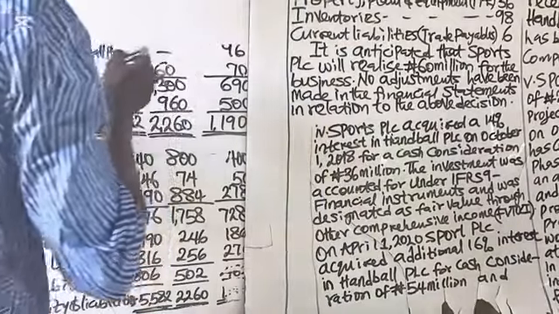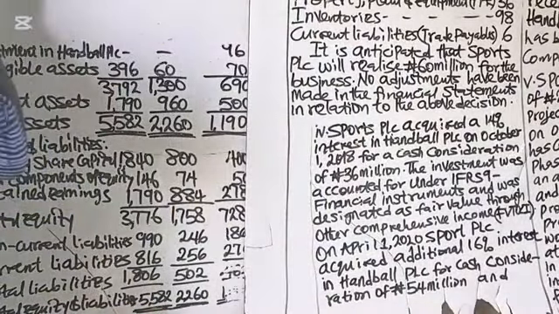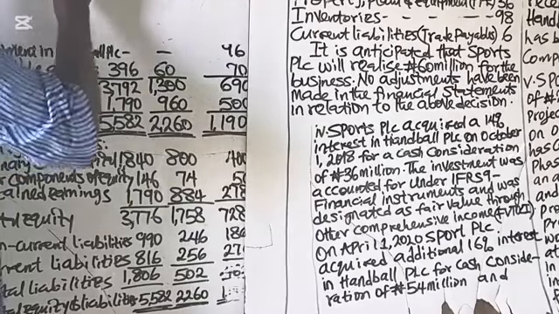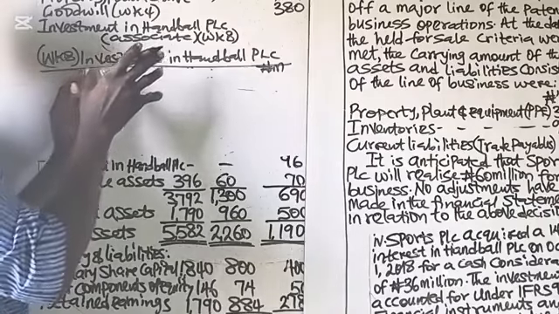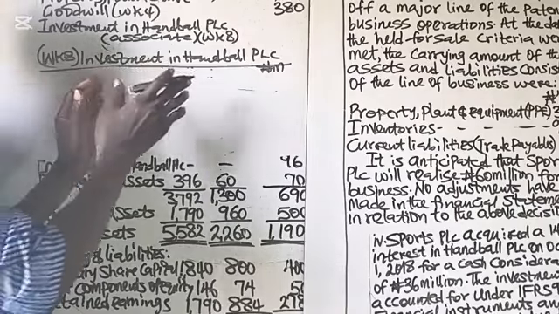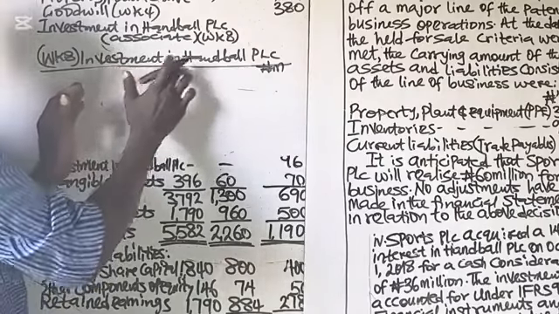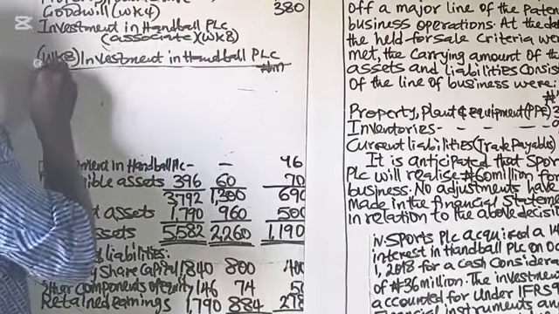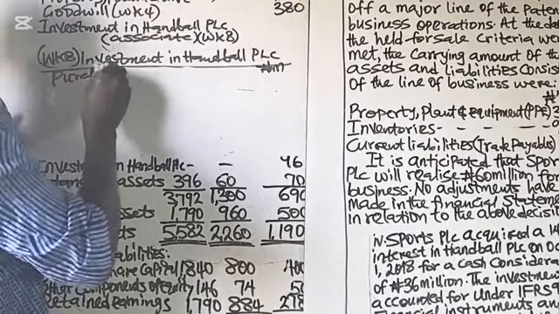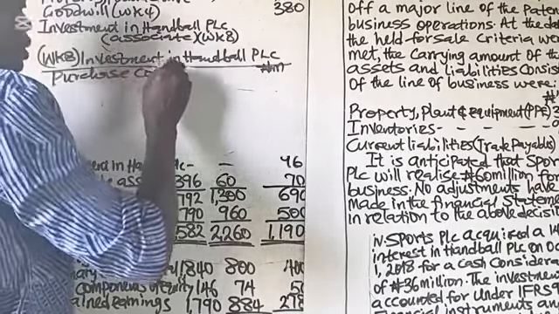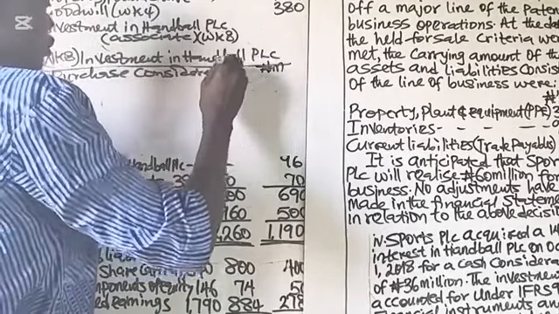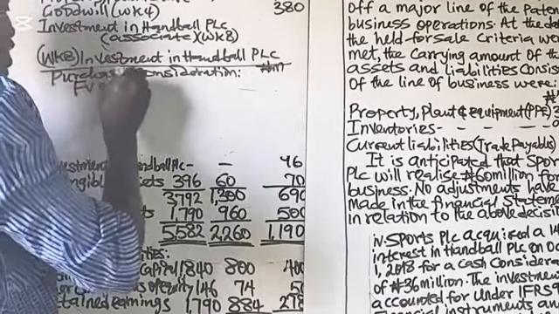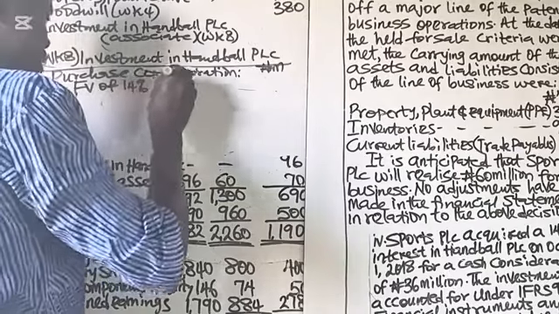So our purchase consideration, the initial investment in Handball, which is 14%, should be measured at fair value. So purchase consideration which includes the fair value of the 14% investment.